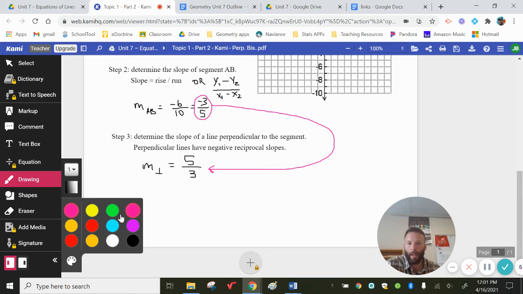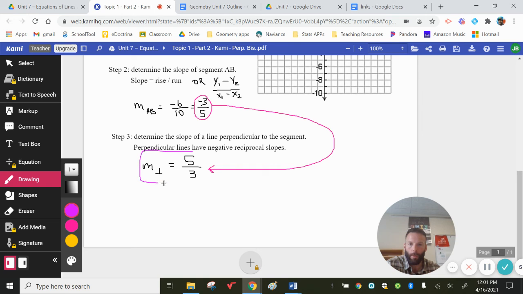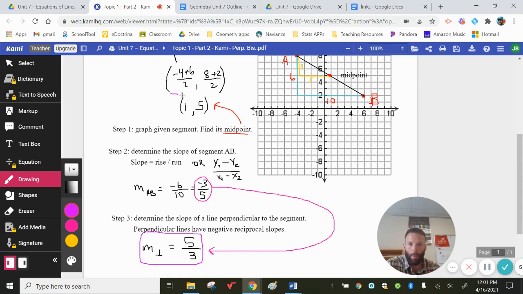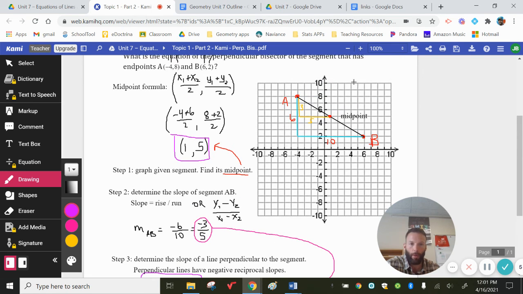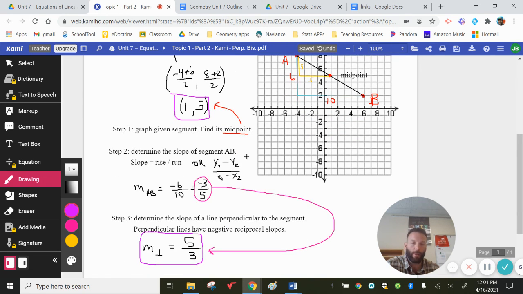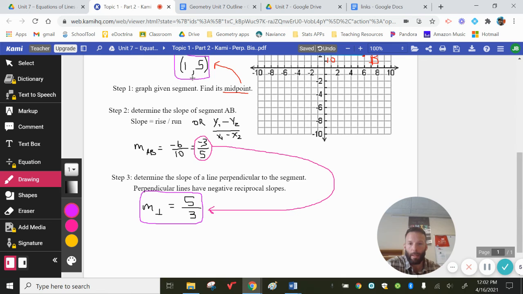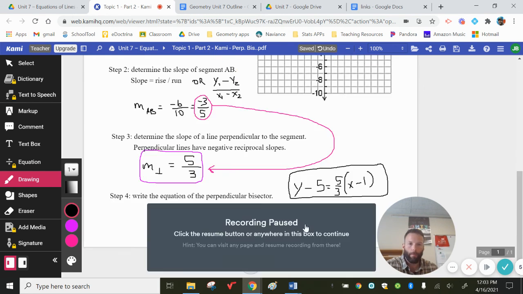Now it's time to put this together. Here's the slope that I need to use for a line that's perpendicular, and here is the point that my line must go through. I have to make sure that I go through the midpoint of this segment, and it has to be perpendicular to the segment. So I have a point and I have a slope. The easiest way for me to write the equation of this line is to use point-slope form.